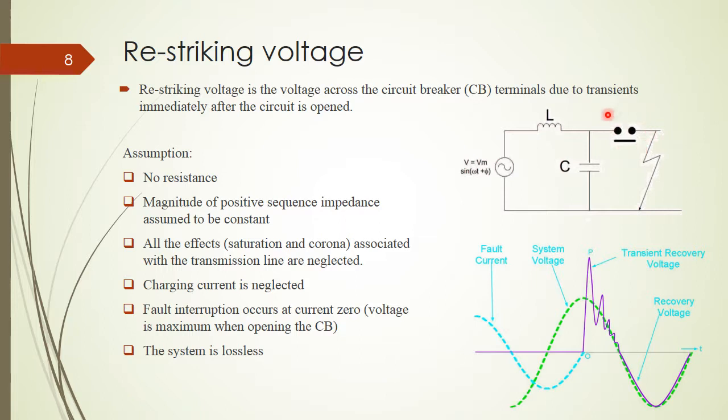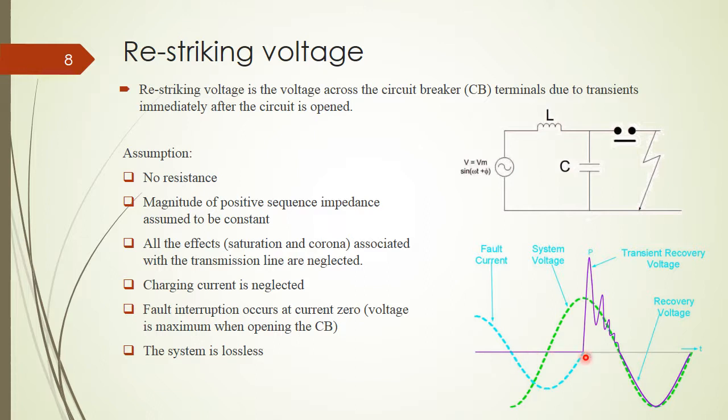Now we need to open the circuit breaker to protect our device. Because this is a large current and we have an inductor, it is essential that we wait until the current reaches 0 and then open the circuit breaker. So let's assume that the circuit breaker opens here when the current is 0 and the voltage is at peak, Vm, like this. We see that the circuit breaker voltage before it opens remains 0 because it's a short circuit.